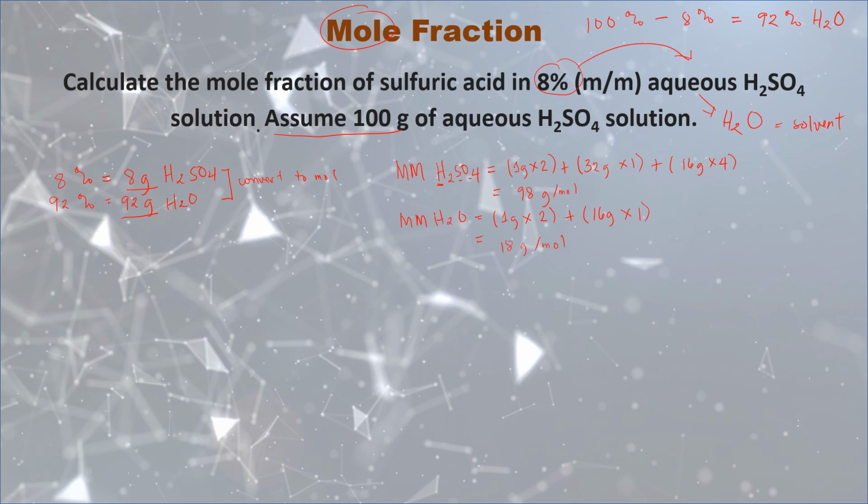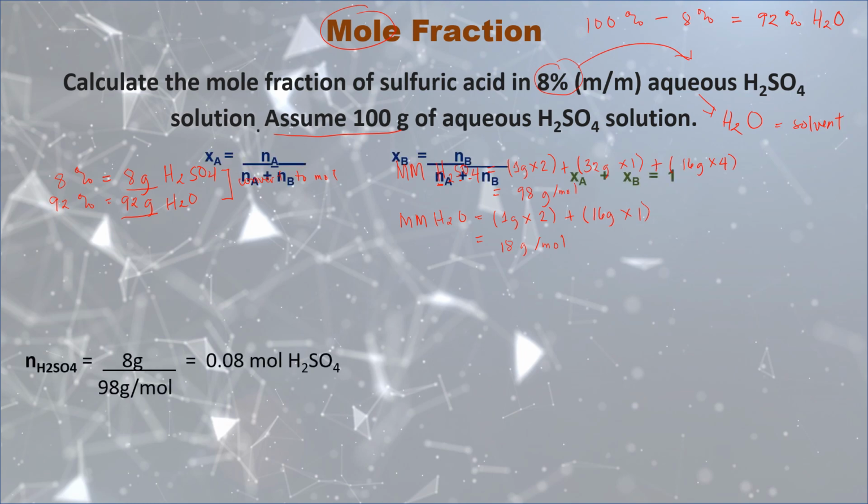If you already got the molar masses of each substance, you are now ready to get the number of moles of each substance. To solve for moles, simply divide the mass over the molar mass.